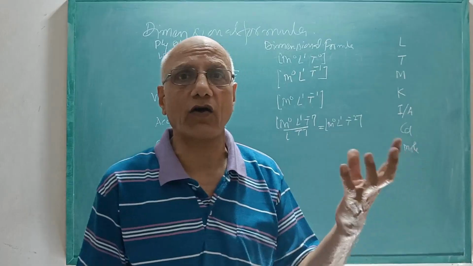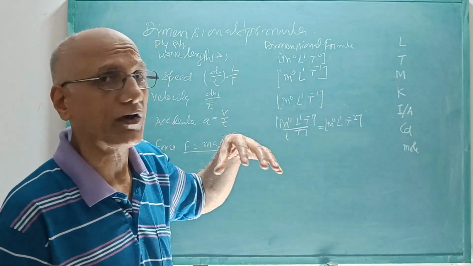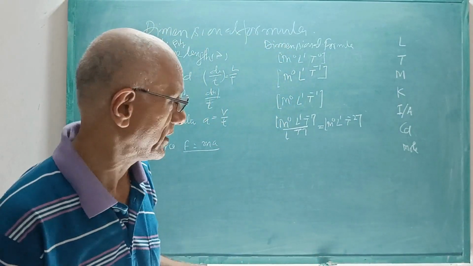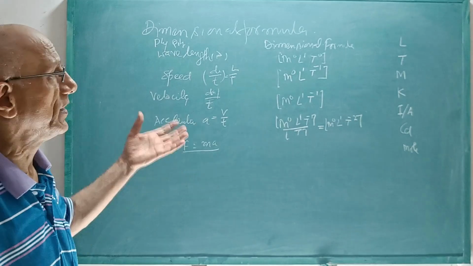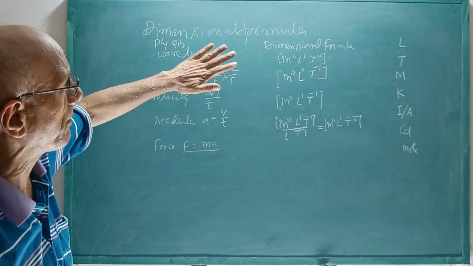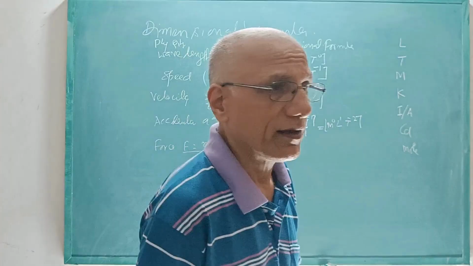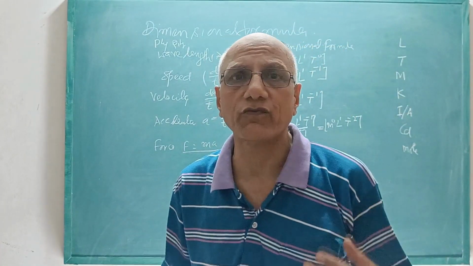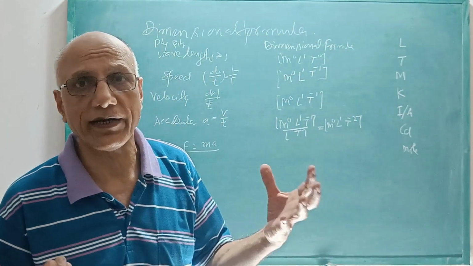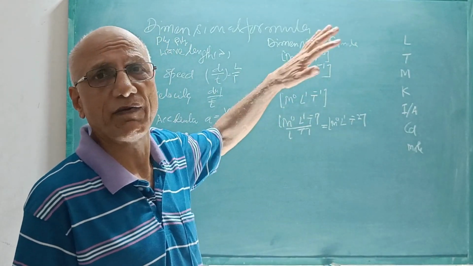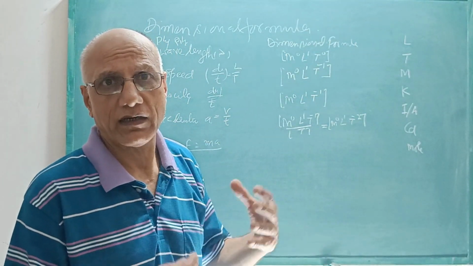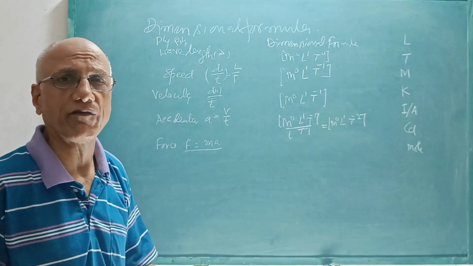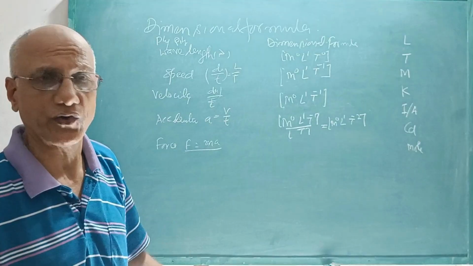Derived quantities are obtained by simple multiplication or division of different basic or fundamental quantities. So those formulas you must remember. Before starting dimensional formulae, practice deriving the derived quantities from the fundamental quantities. Once you are very familiar with those derivations, then this dimensional formula will become a very easy task for you.